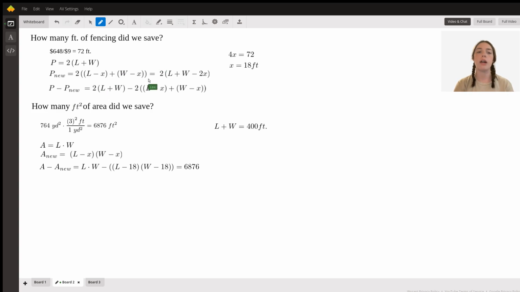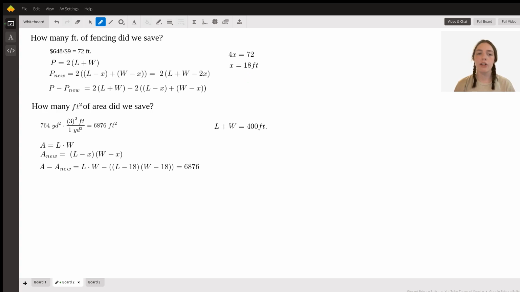Expanding this out, I didn't do that step by step for time's sake, but if you expand this entire thing, you're going to end up with 4x. And like I said earlier, we know that our P minus our P new is 72 feet. Solving for that, you divide both sides by 4. We get x equals 18 feet. So that's going to be important for later on.